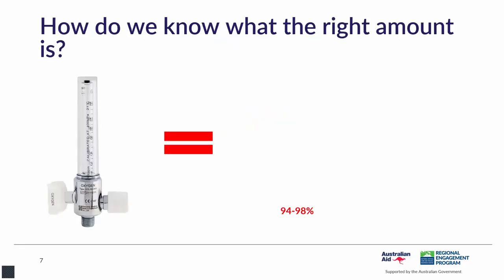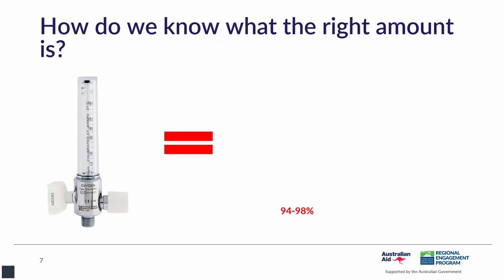So that leads us nicely on to asking, well, how do we know what the right amount is? And I think this is often a question that we as nurses ask ourselves frequently. And I think really the answer is by monitoring our patients. And this is something we do all of the time.